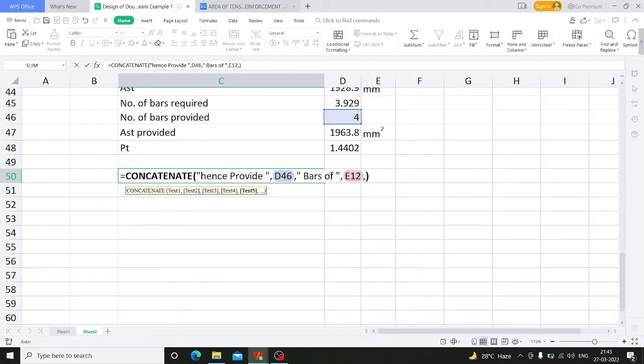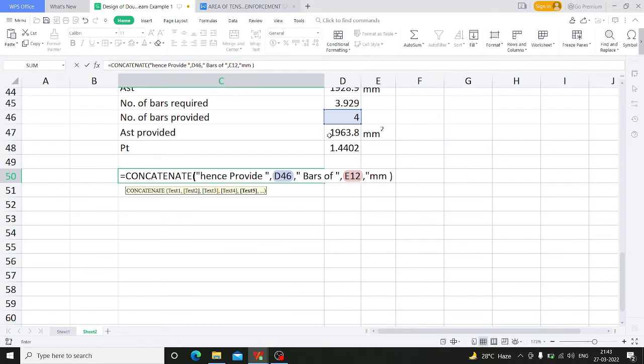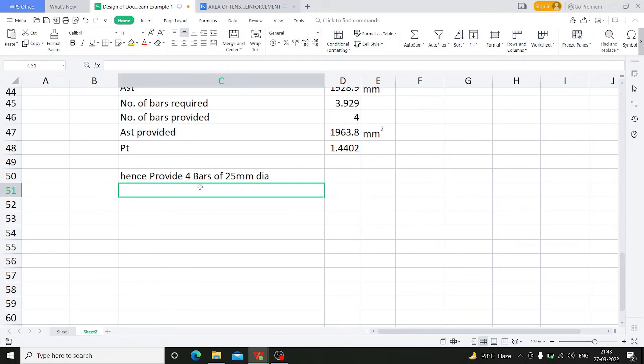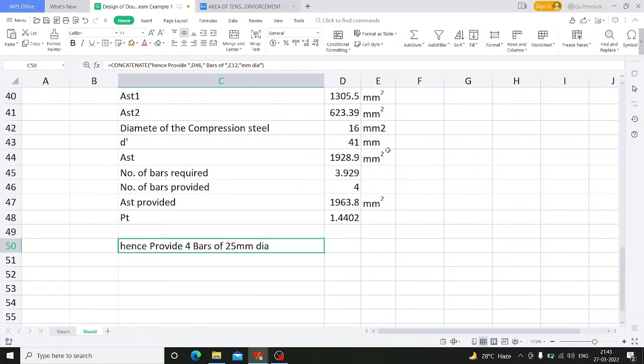One more statement we need to add, double inverted comma, diameter, double inverted comma. So we have this statement. Automatically, whatever the number of bars will be there, it will take the number of bars, and even if you change the diameter, here the change will be reflected.